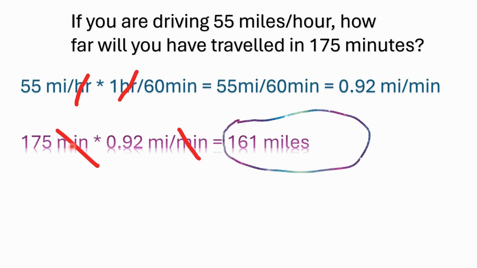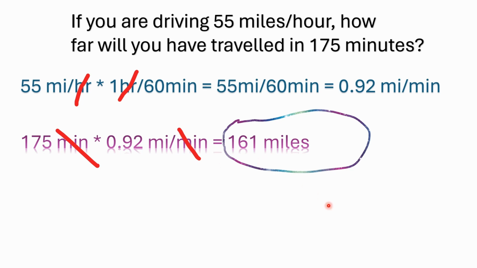The minutes in the numerator, minutes over 1 times miles per minute, or miles divided by minutes, are our units here. So these minutes cancel out because you're dividing this minute by this minute. You're going to be left with units of just miles. So 175 times 0.92 gives us 161 miles for the answer.